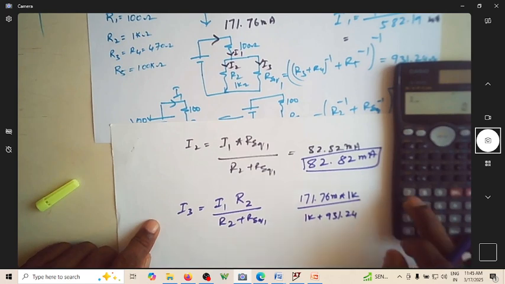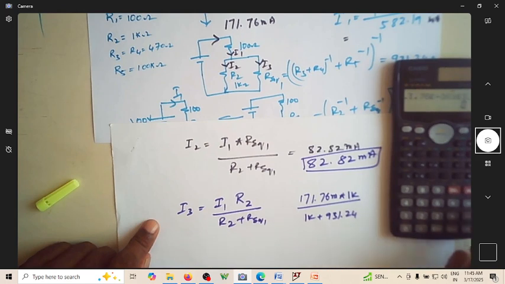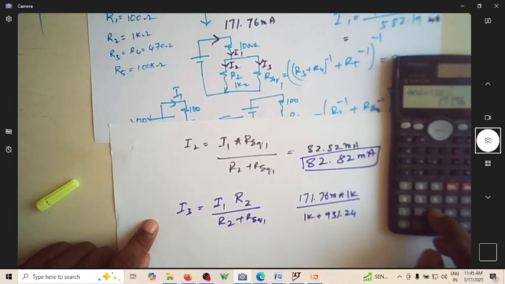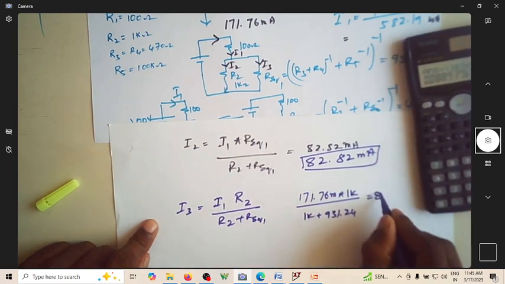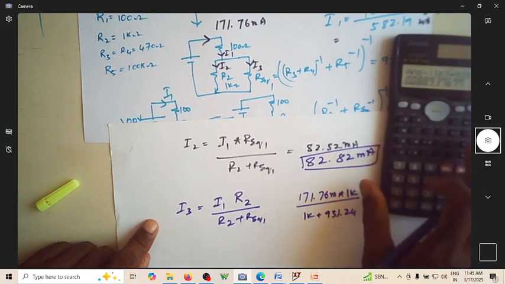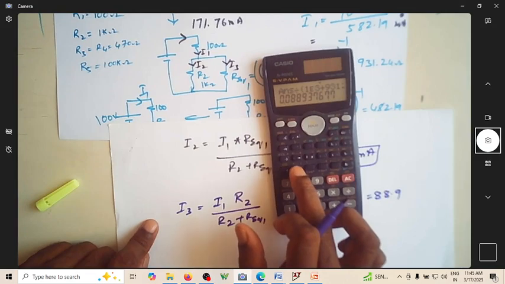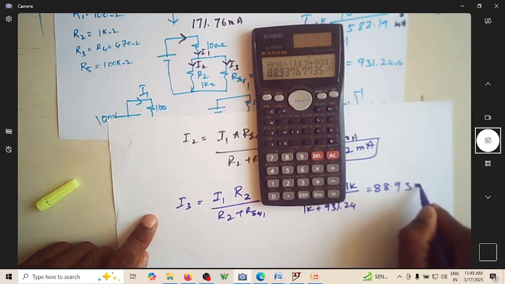Let me do that. 171.76 exponential minus 3 into 1 exponential 3, divided by 1 exponential 3 plus 931.24. It is now 0.08 something; press ENG and you'll get it as 88.93 milliamperes.